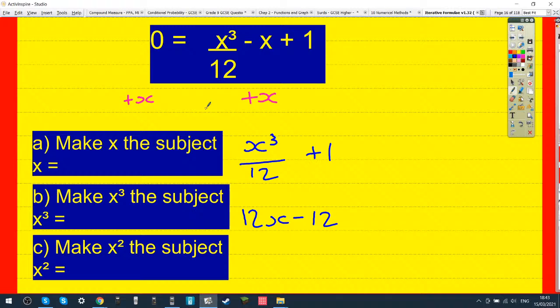Sorry, yeah. Another way to do it, strangely, is divide everything by x. These are kind of bad ways of going about it. Divide everything by x. What do you get? I get 12 minus 12 over x. That's it.